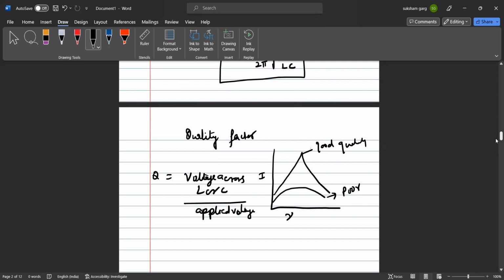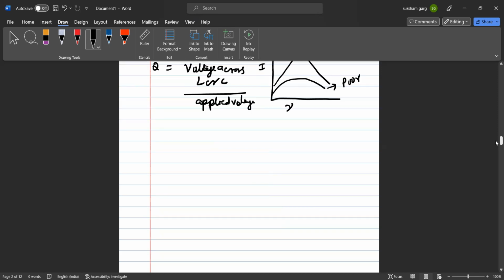Okay, and here we can also say that Q factor can be written as 1 by R root of L by C. Okay, this is the value of quality factor.